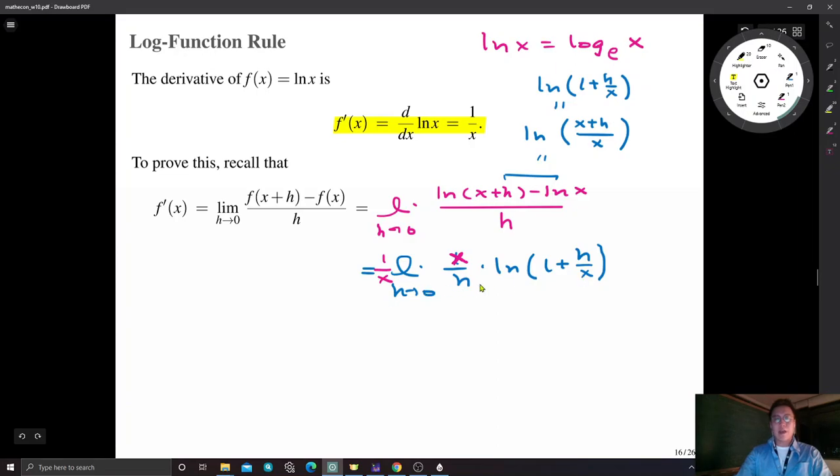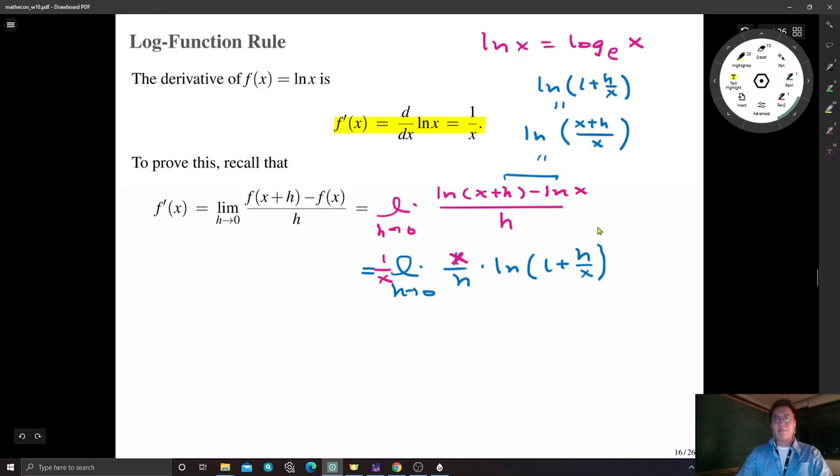So now I'm going to evaluate this limit. And for this purpose, I'm going to use one more property of natural logarithm. That is, whenever I have a power, I can bring it out and put it in front. So here, x over h, suppose that I brought that out of the power and put it in front.